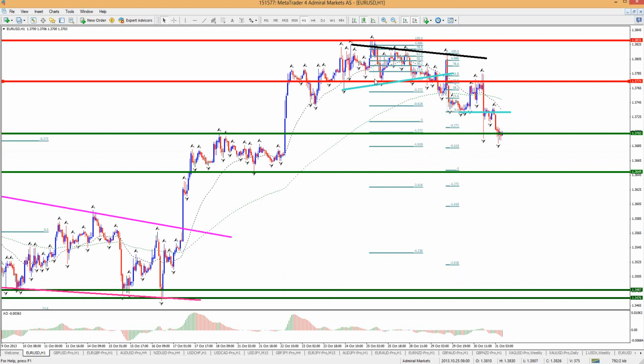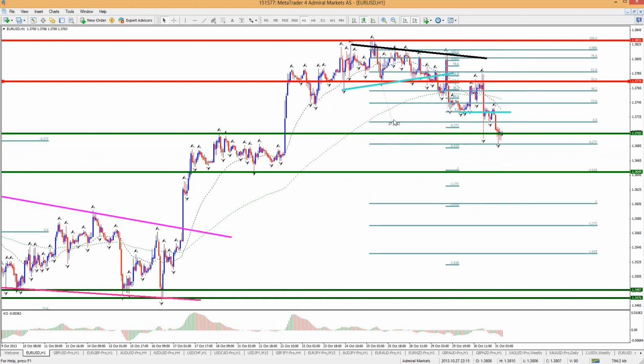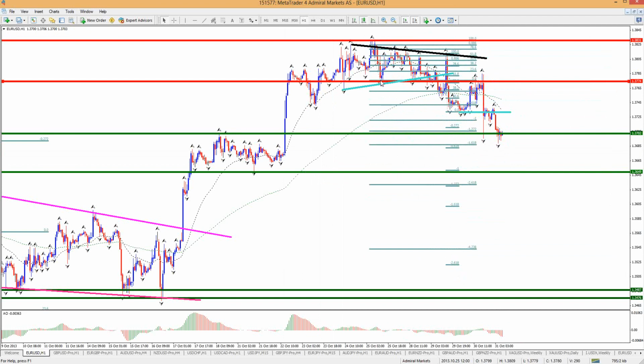If you then, let me take off these fibs though. Because look, where the minus 618 is very important, because look, the first move down, where did we stop? Right at this minus 618. That's where we got the correction yesterday, right?